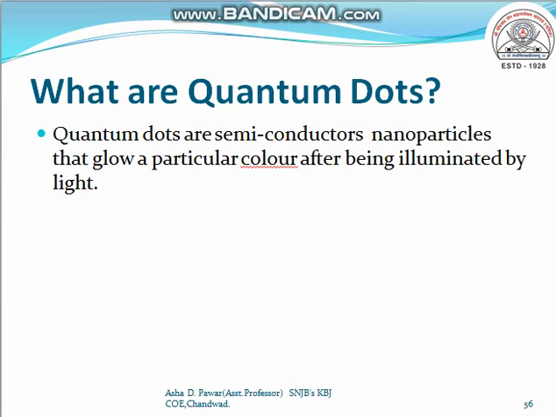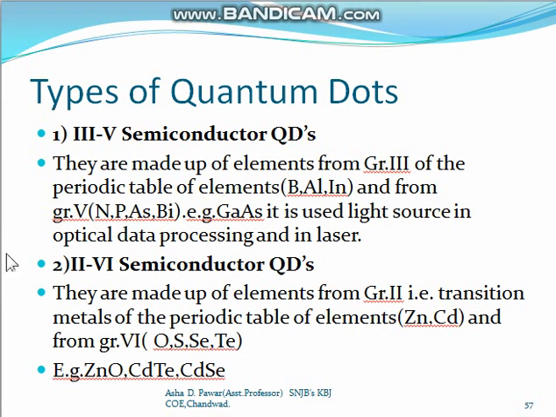So there are different types of nanomaterials. In your syllabus there are three different types. First is third-fifth semiconductor quantum dots. This type of quantum dots is made up of elements from group third of the periodic table, and the elements included in group third, you know, are boron, aluminum, indium, etc. And from group fifth, the elements like nitrogen, phosphorus, arsenic, bismuth.